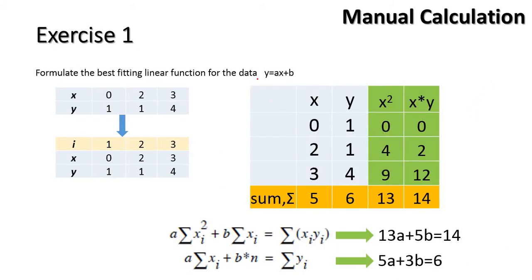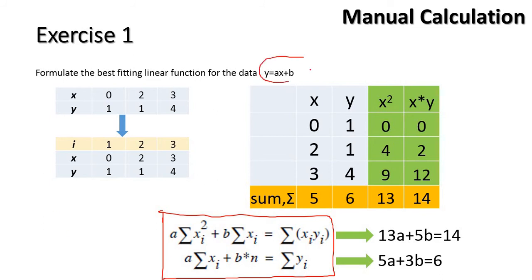After that, you need to refer to this formula. In order for you to get the equation or the linear function, you need to use this formula to find the value of a and b for your linear function.